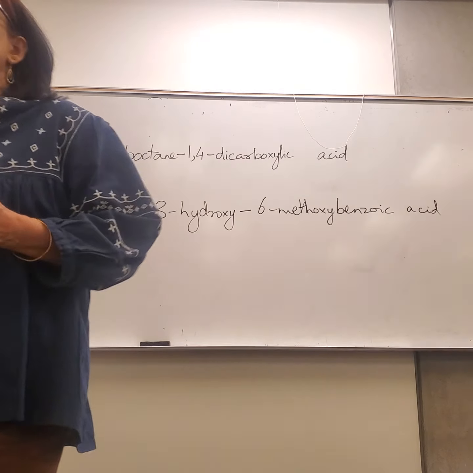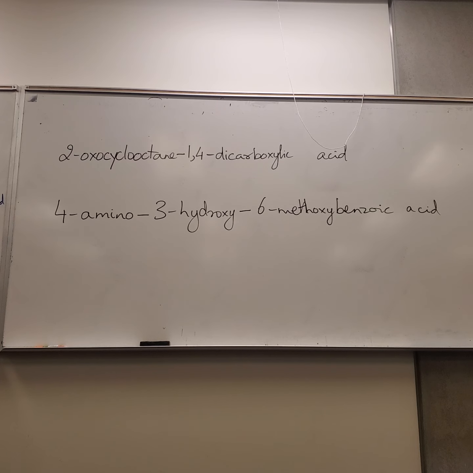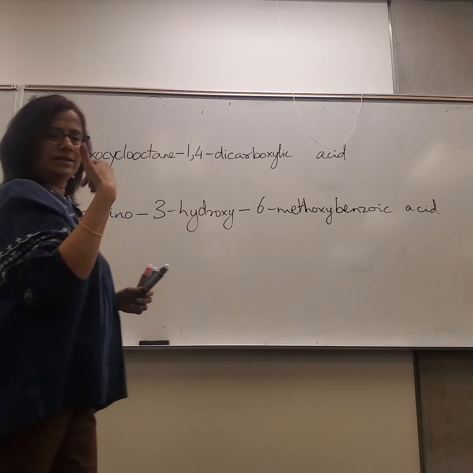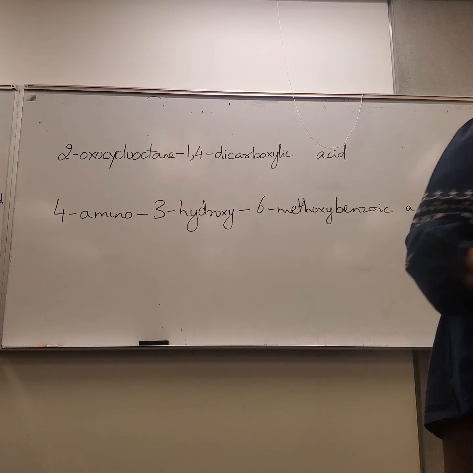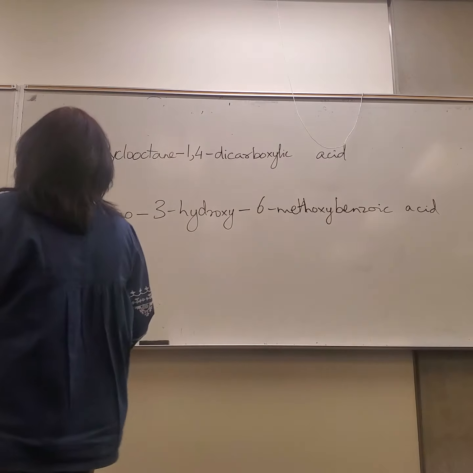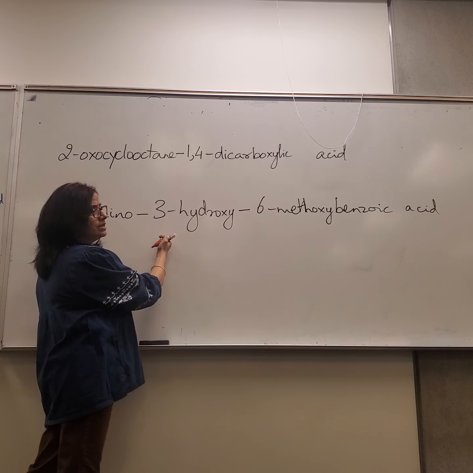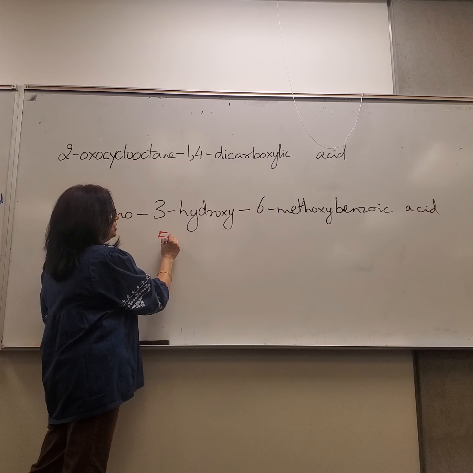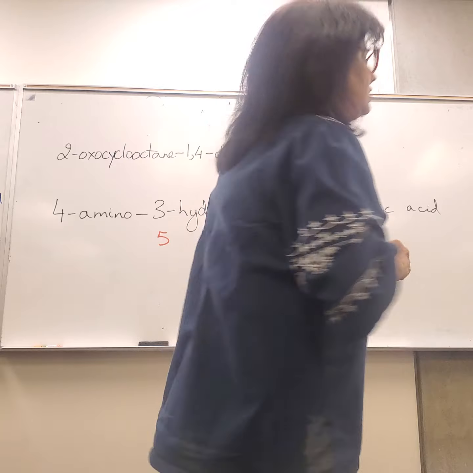Probably not. The only reason is numbering has to be lowest combination. You numbered it in the anti-clockwise direction, right? What about if we numbered it in the clockwise direction? This would still say 4. What would hydroxy become? 5. And what will methyl be?